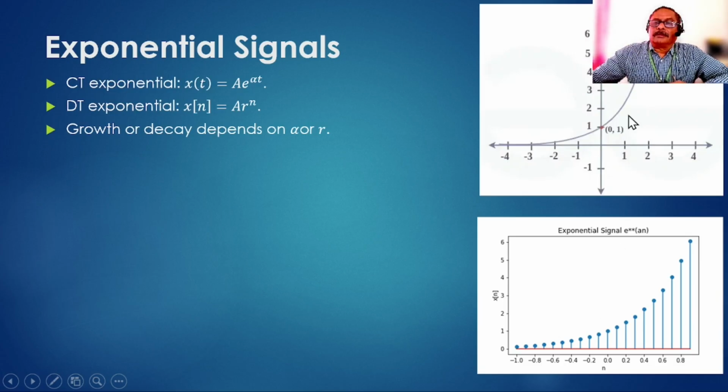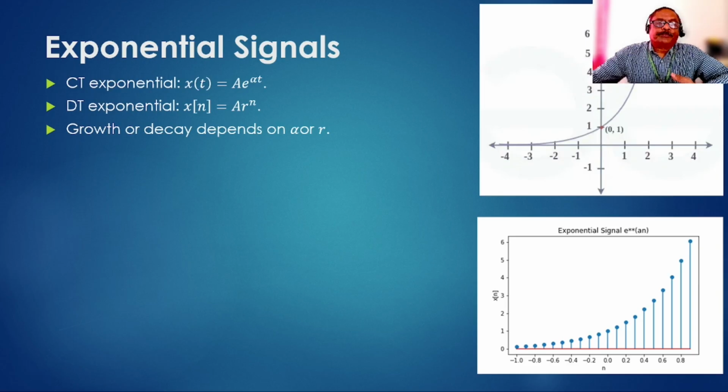Here both are appearing to be growing in this case, and that depends on the value of alpha in case of continuous time, and on the value of r in case of the discrete time version, because n is the instant 1, 2, 3, 4 and so on, and r is the one which decides whether it increases or decreases.